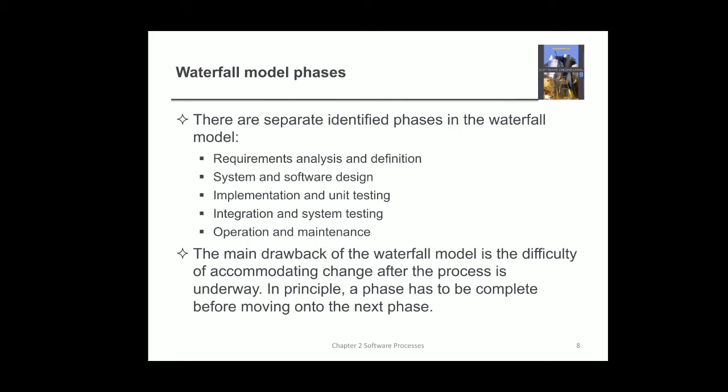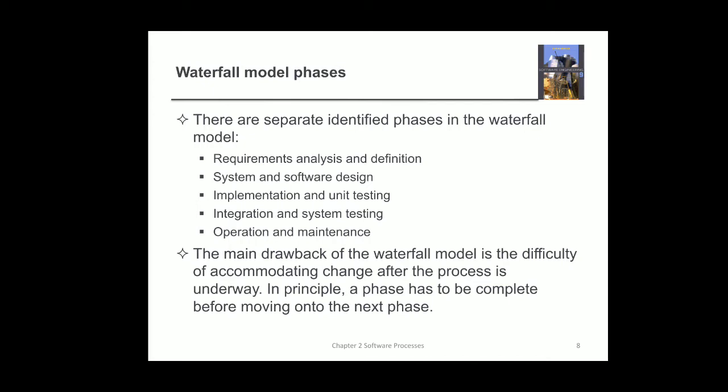Now let us see what's going to happen in the system and software design phase. The system design process allocates the requirements to either hardware or software systems by establishing an overall system architecture. Here we will have the overall architecture of the hardware and the software.